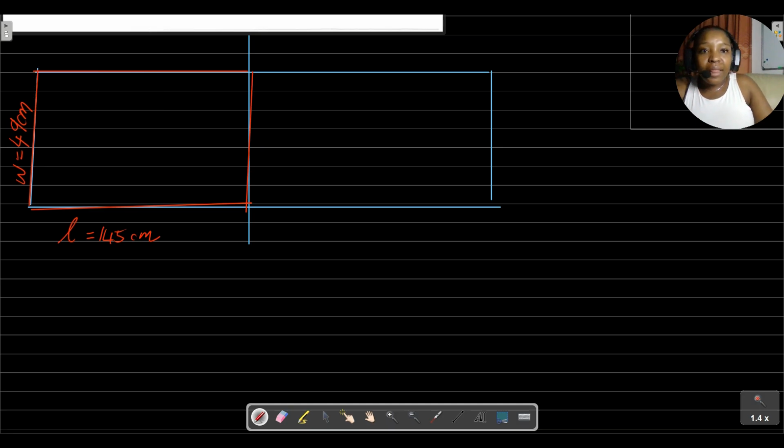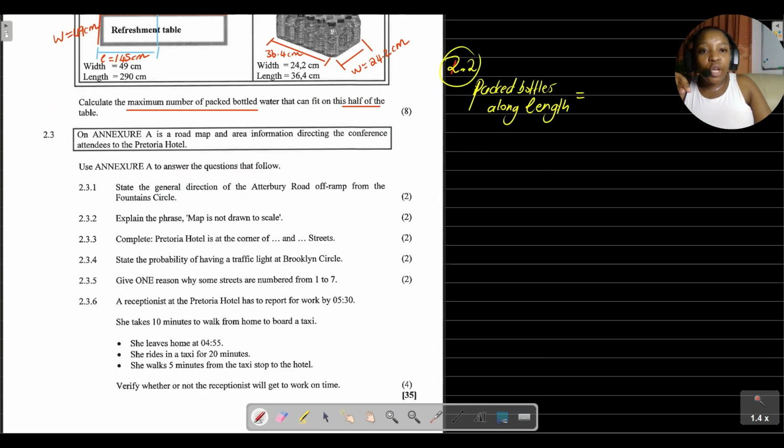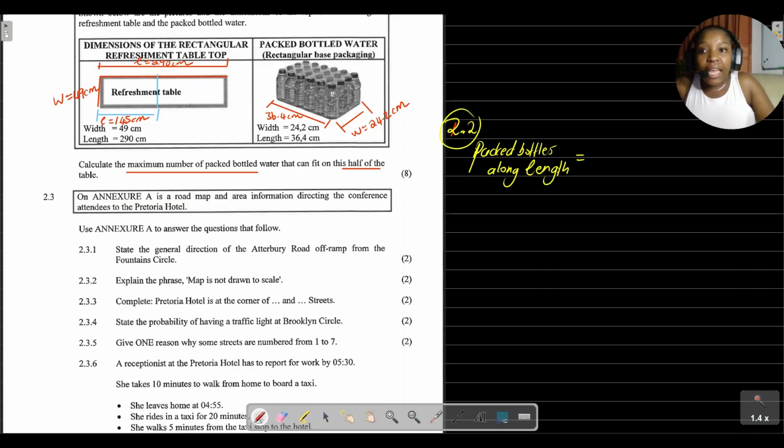To determine that, we are just going to take the half length of that table, which is 145 centimeters, divided by the length of the packed water bottles. It's length to length, width to width. The length of the packed water bottles is 36.4 centimeters. So how many packed water bottles can we fit along the length?